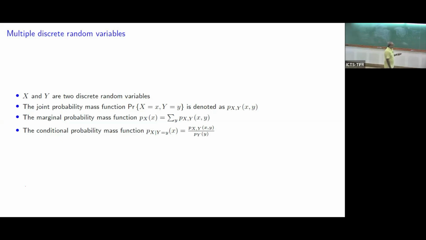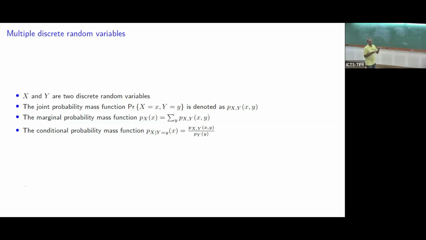And again, like in the case of events where we talked about conditional probabilities, here you can talk about conditional probability mass functions. Here again, the idea is similar to whatever we had for conditional probability before. You see one event first, and then you ask, what is the probability of another event, given that you have already seen this other event which has occurred? Similar to that, here we are talking about this using random variables.